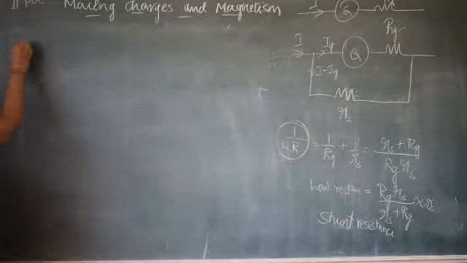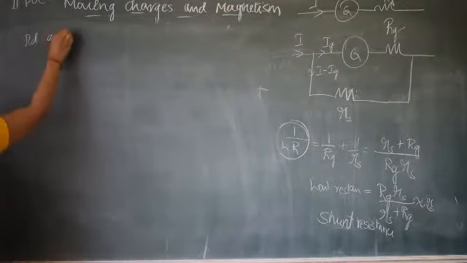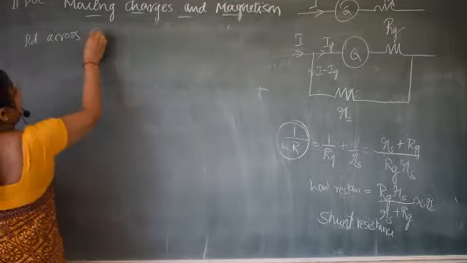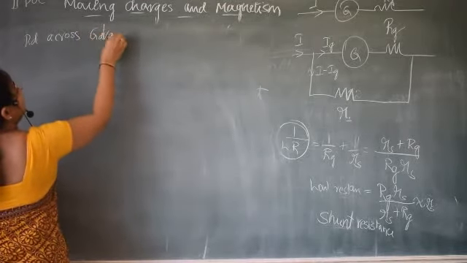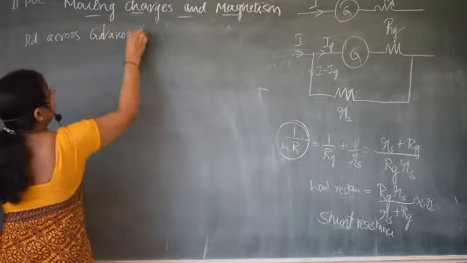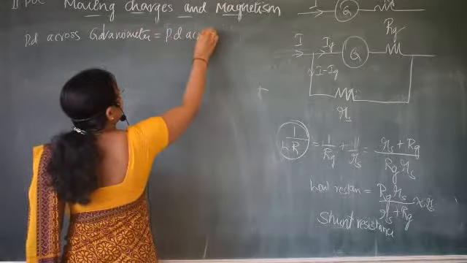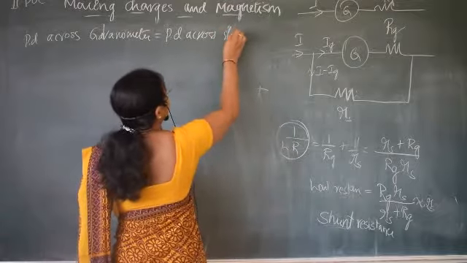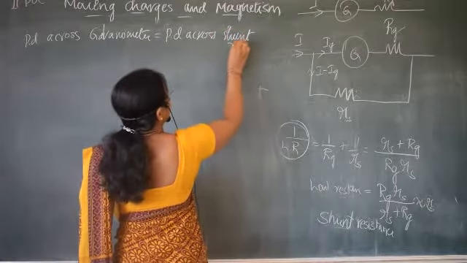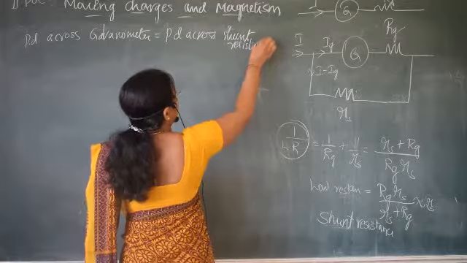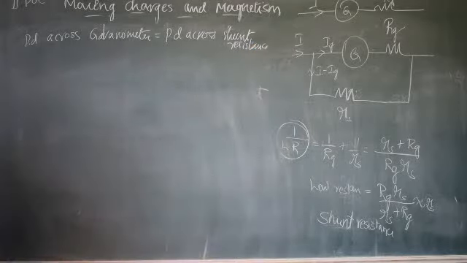So I will write: potential difference across galvanometer is equal to potential difference across shunt resistance. In parallel, potential difference is the same. Next, V is equal to IR.